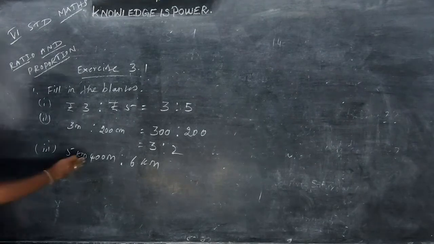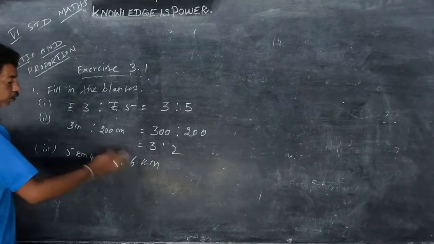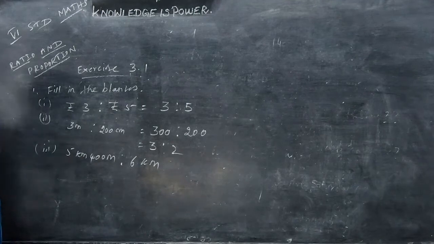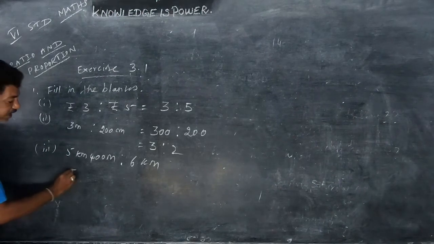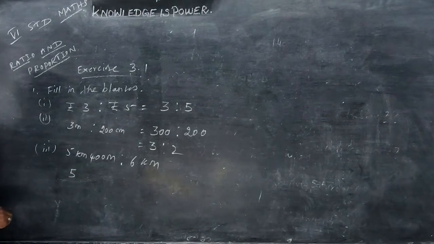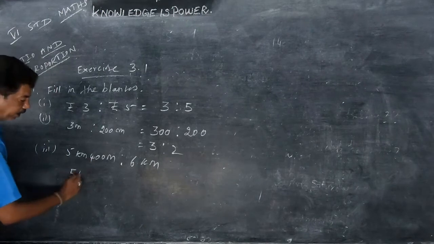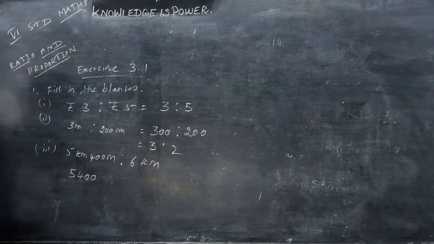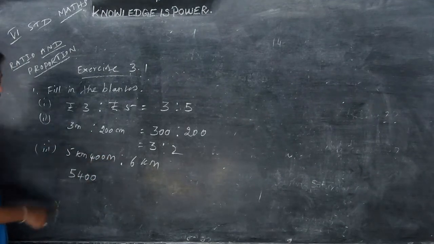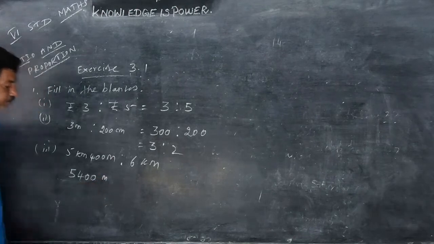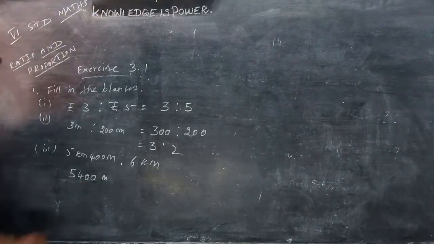Okay, so this one is what? In kilometer. 1 kilometer equal to what? 1000 meter. How can we write that? 5000 plus this 400. Okay, 5400. கிலோமீட்டர்னு சொல்ல முடியாது, மீட்டர்னு சொல்லுவோம், ஏன்னா கிலோமீட்டரை மீட்டராக கன்வெர்ட் பண்ணுறோம். Okay, 5400 meter.